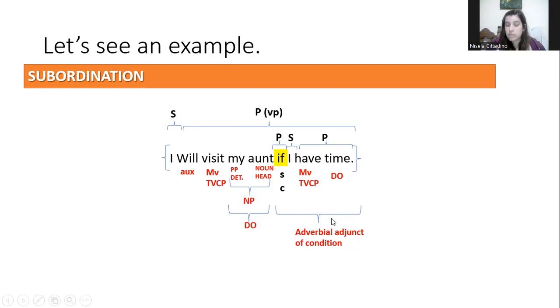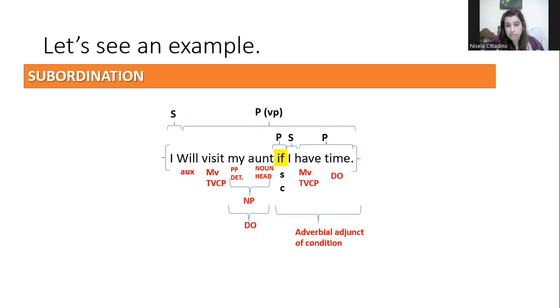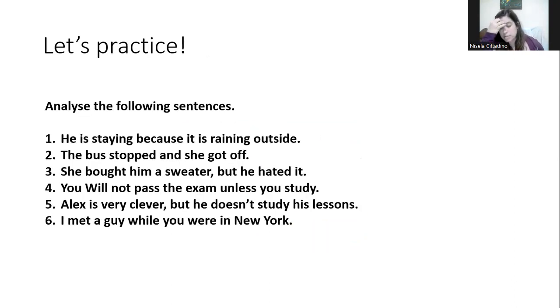That is the function. So far, what I want you to do, before you start panicking, is to identify compound sentences that have cumulative coordinating conjunctions or subordinating conjunctions and try to analyze them to the best of your possibilities. In the following slide, I will upload this PowerPoint for you. You have a set of sentences and I will ask you to analyze them. Then we're going to correct them. If there is a function that you don't know, just leave it blank.